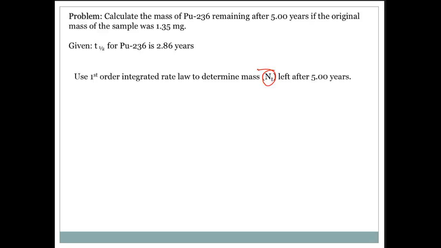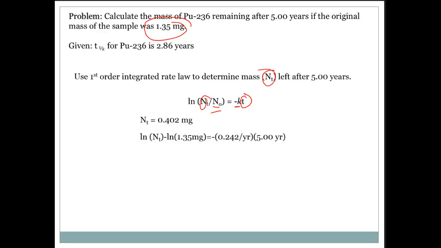So that means the natural log of N of t, which is what we're looking for, over N naught. They tell you in the question the original mass is 1.35 milligrams. We solved for k on the previous screen. And we're looking for time. So, let's ignore that for now.